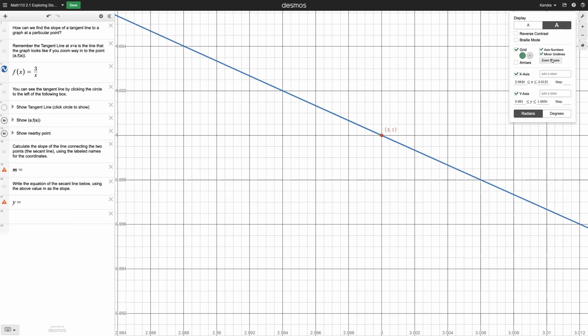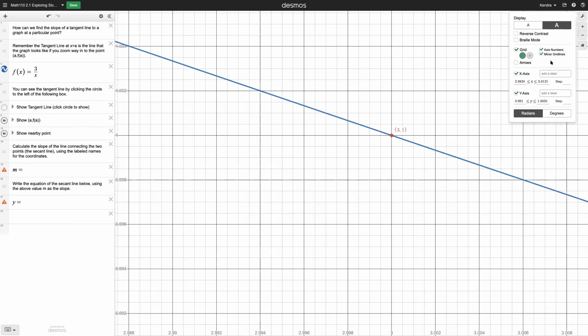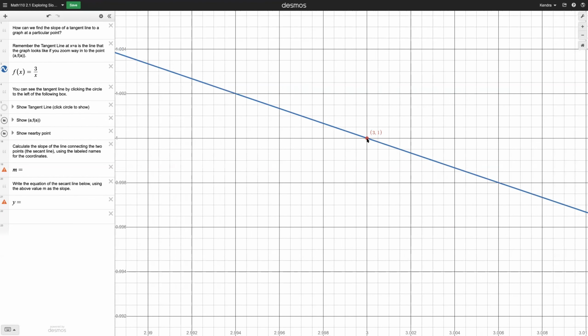So I'm going to use Desmos and say zoom square. Now it's actually square, and I can see the line that this graph looks like. It does look very much like it has a slope of -1/3, because I can go from here to this point over here, and it looks like I'm going down 1 and to the right 3, down 1 and to the right 3. So this looks very much like a slope of -1/3.